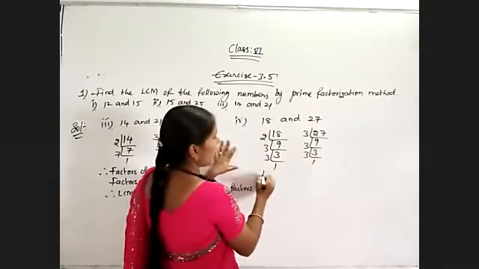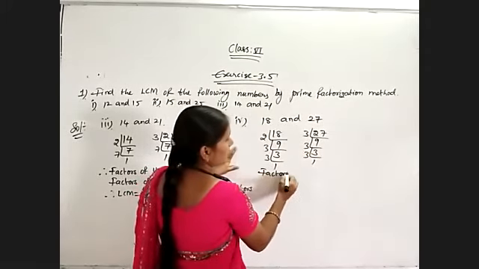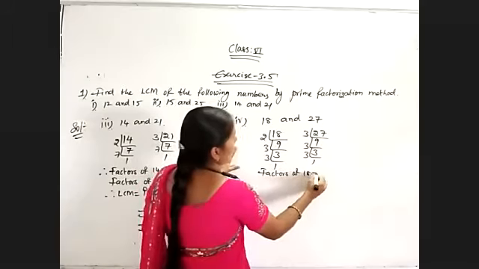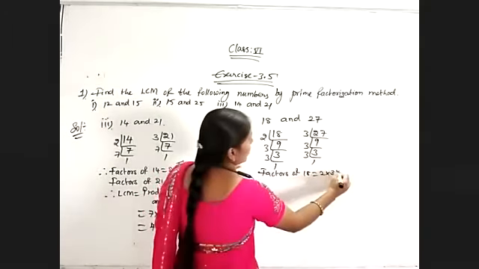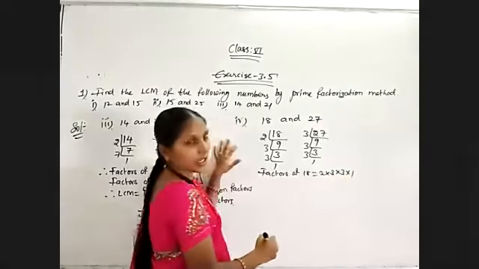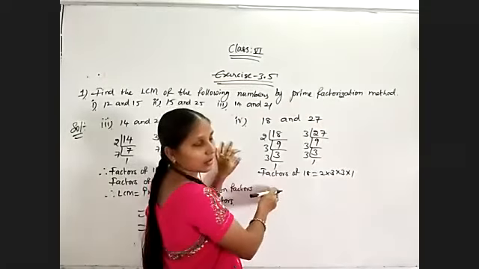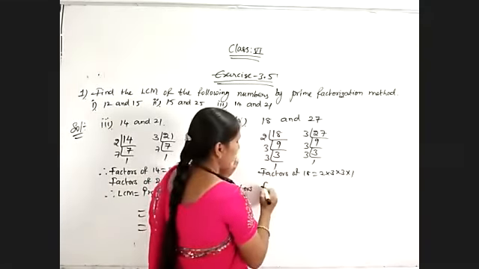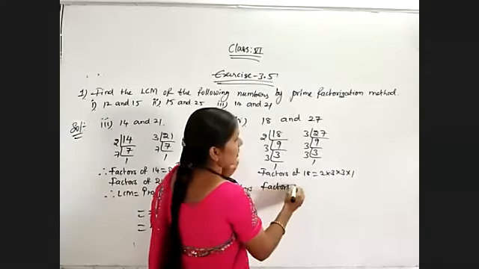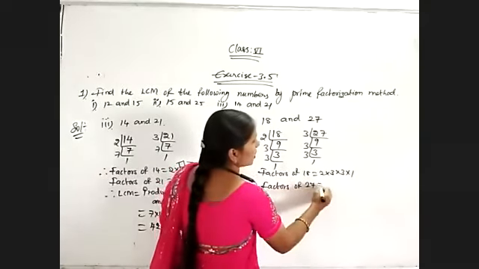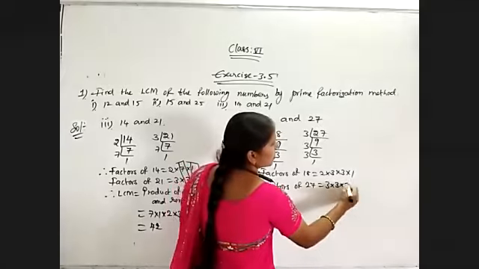So now write the factors of 18 is equal to 2 into 3 into 3 into 1. Now factors of 27 is equal to 3 into 3 into 3 into 1.